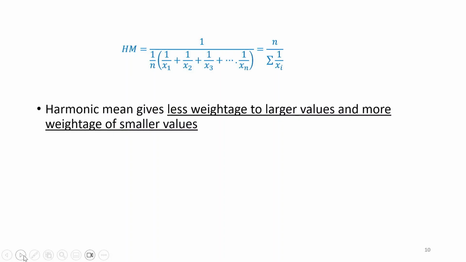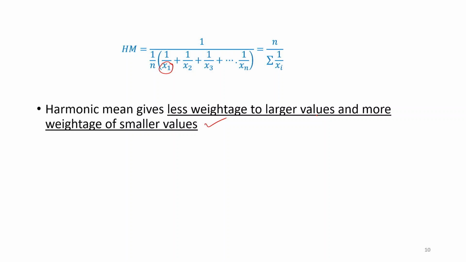In the harmonic mean, it gives less weightage to larger values and more weightage to the smaller values. How? If the value x1 is very small, then 1 upon x1 is going to be very large.